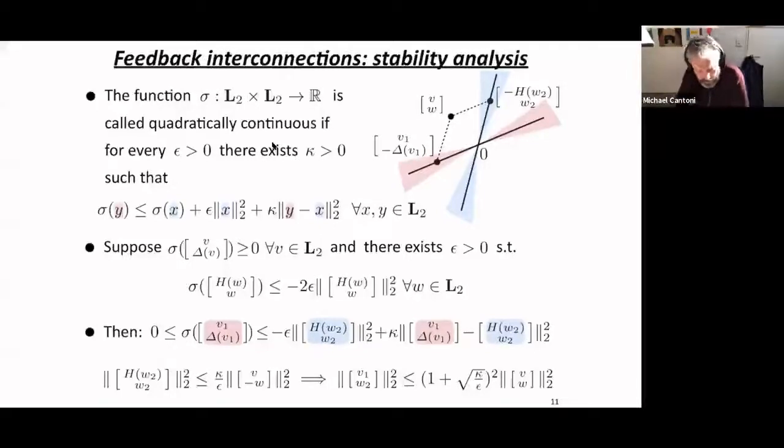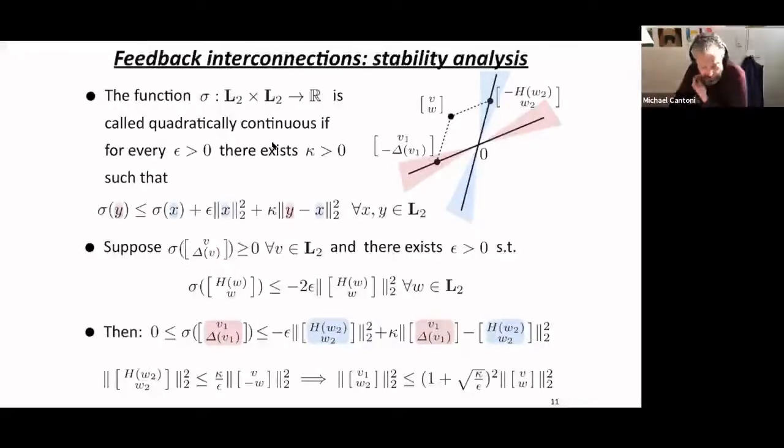And let's suppose that when I evaluate this function sigma at points that live in the graph of delta, I always get a non-negative number. And in addition, there exists an epsilon greater than 0 so that when I evaluate this function sigma at points in the graph of H, the other open loop component, I always get a strictly negative number. And let's say that holds for all points in the graph of delta and all points in the graph of H.